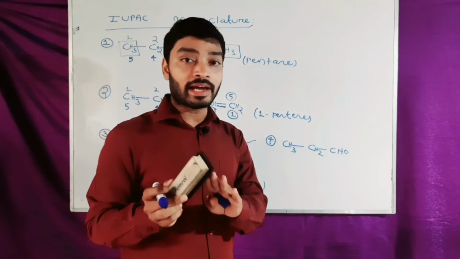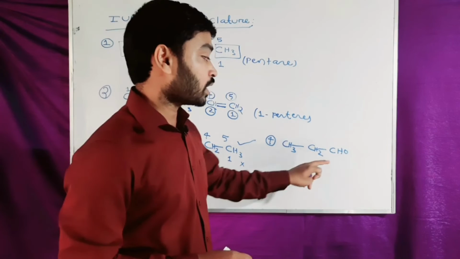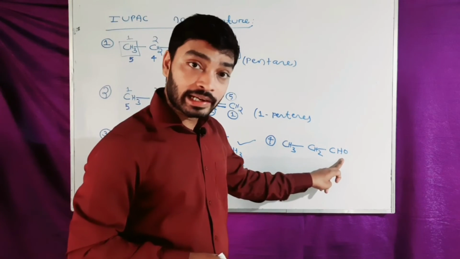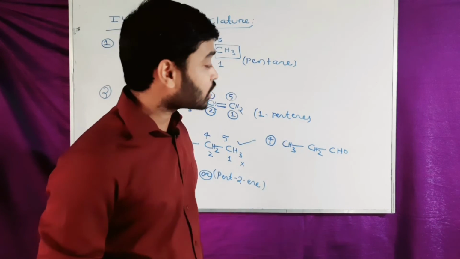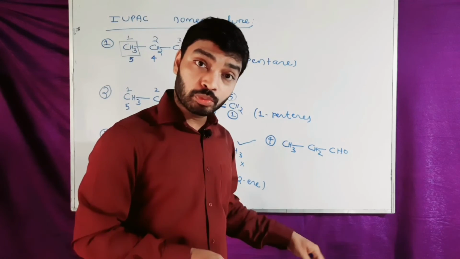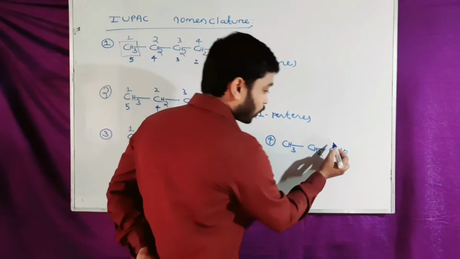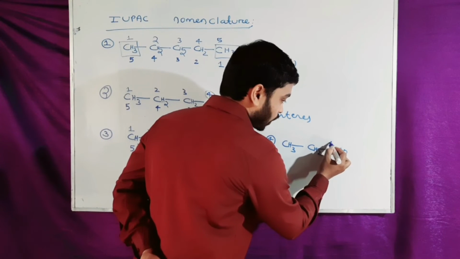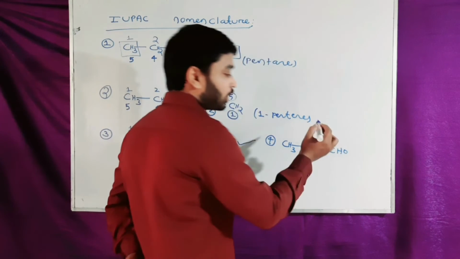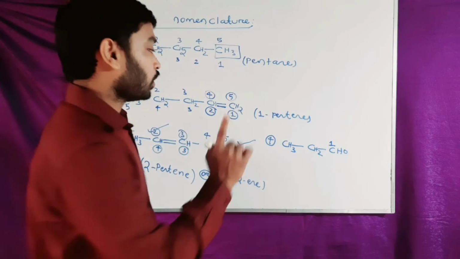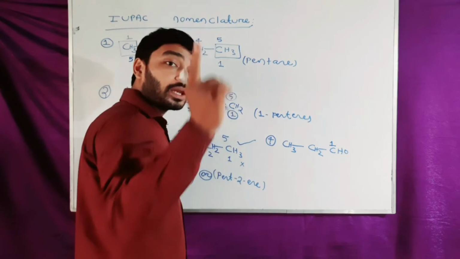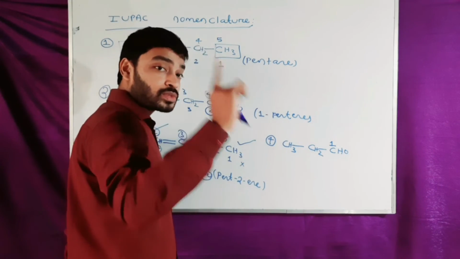If you have an idea of the functional group, you can decide that it is the aldehyde, a monovalent functional group. The monovalent functional group containing carbon atom always possesses the number 1 position, and the numbering always starts giving priority to the carbon atom of the functional group.